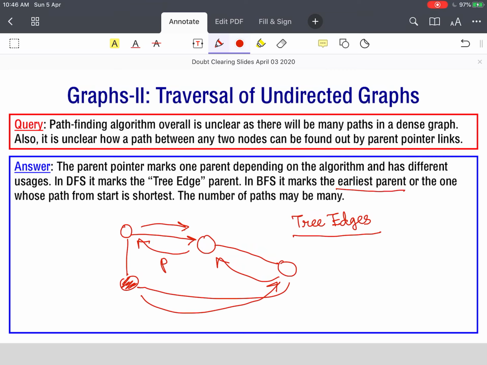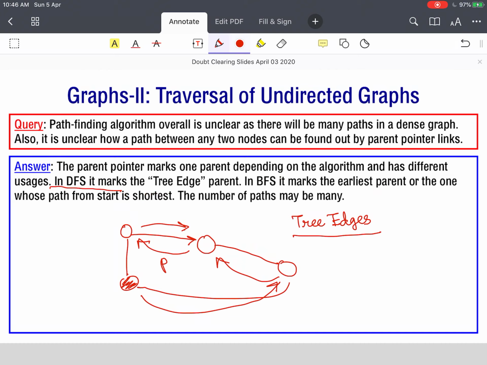So it marks the earliest parent, or one whose path from the start is not necessarily the shortest, but in the sorry, this is not correct. So this is the path according, or in BFS it is the shortest, but not in DFS.